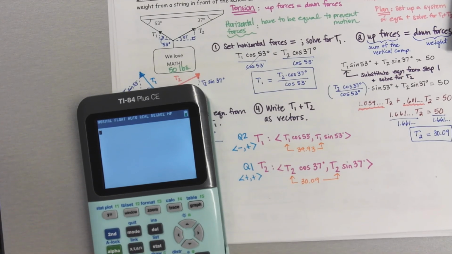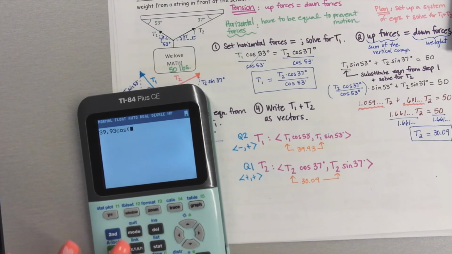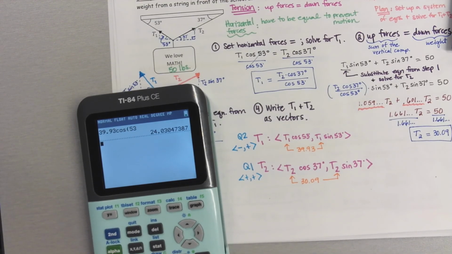So we're going to type in 39.93 times the cosine of 53. And we're going to do 39.93 times the sine of 53.